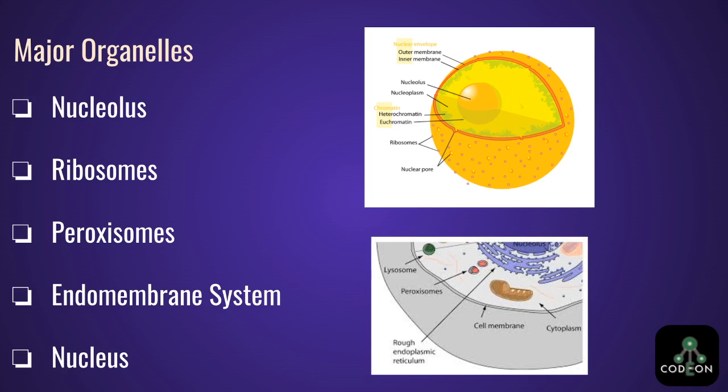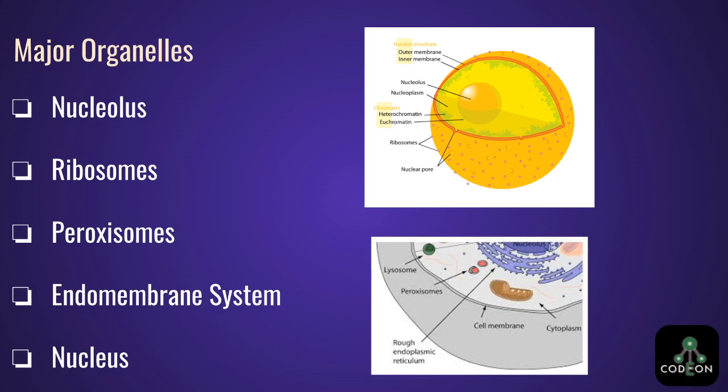You can think of them as disposal organelles that carry a lot of enzymes that break down different compounds in the cell, and also the plasma membrane. So what this system is responsible for is packaging and also transporting different things either within the cell or to the outside of the cell.